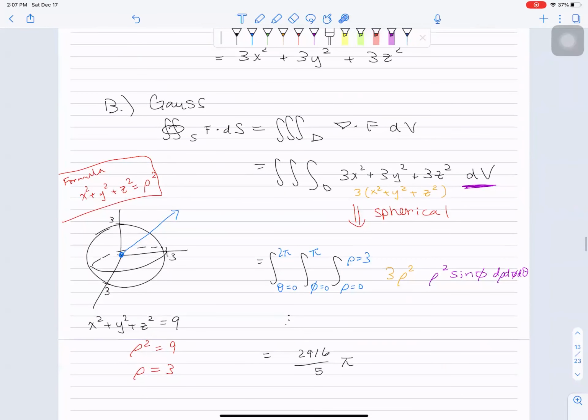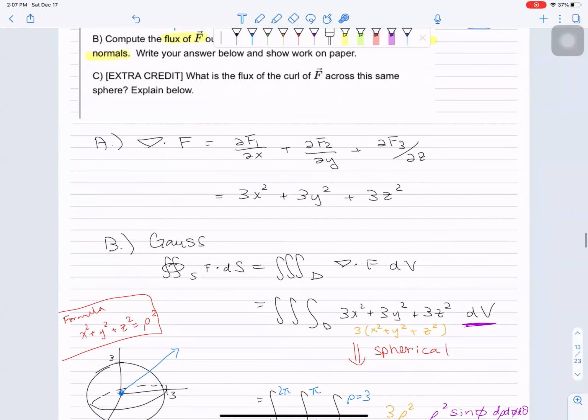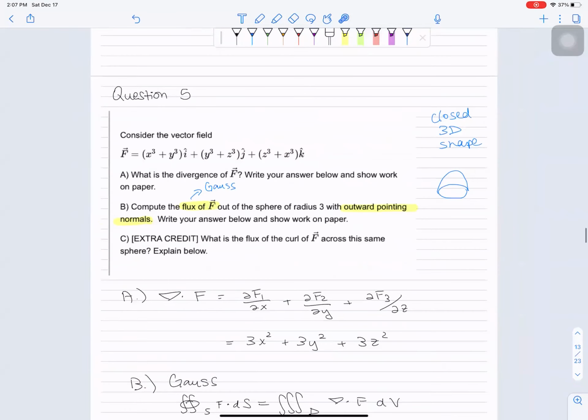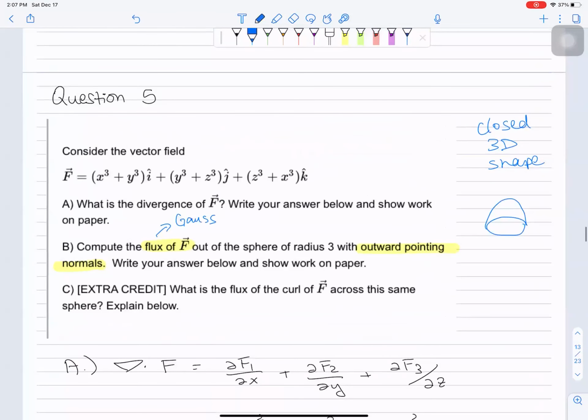Can we use the second part of Gauss where we find the derivative of the one form? Yes, you also can do that. To do that, you would have to rewrite your function first, like x cubed plus y cubed dy dz, all that stuff. But that would be the longer version.